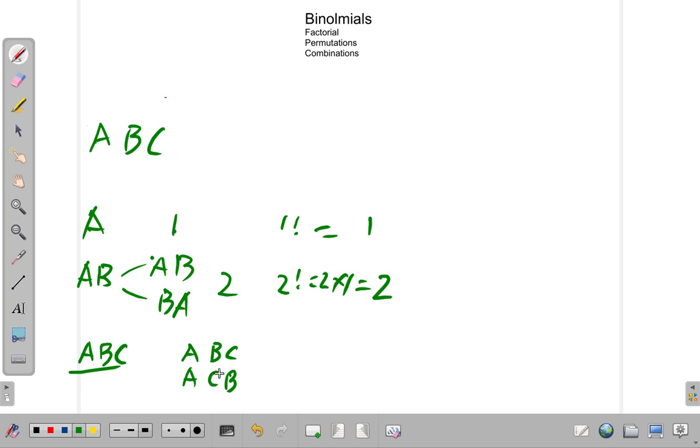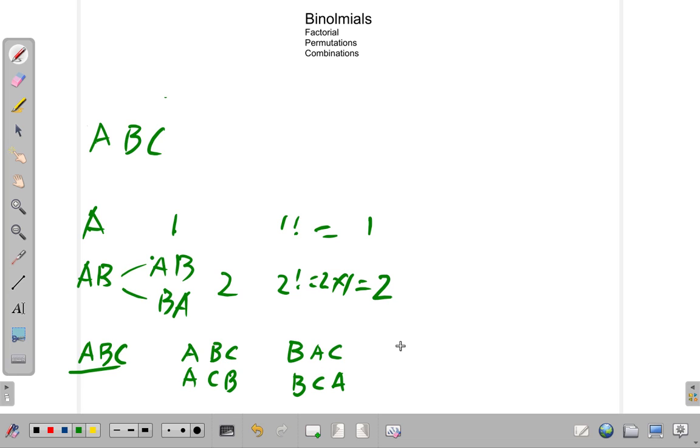We finish starting with A. There's no more arrangement starting with A. So let's start with B. We could have BA and then C. We could have BC and then A. We started with B here. And we saw that there are 2 ways that you could place them starting with B.